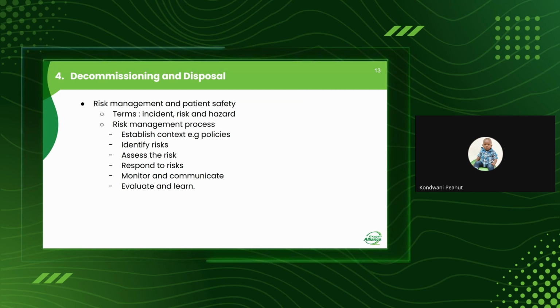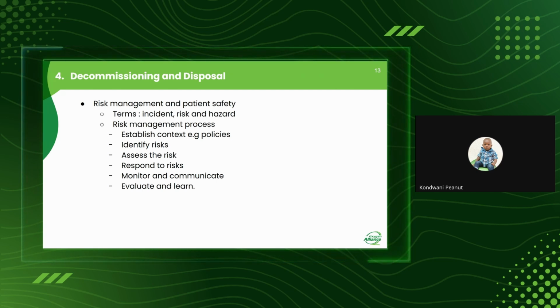Now, what are some of the terms? I know we will go deeper in the near future in terms of how we can manage risk when equipment has been used, but we can have some terms just to highlight. What is an incident? An incident is an occasion that has occurred that may lead to damage of property or even the death of a person.